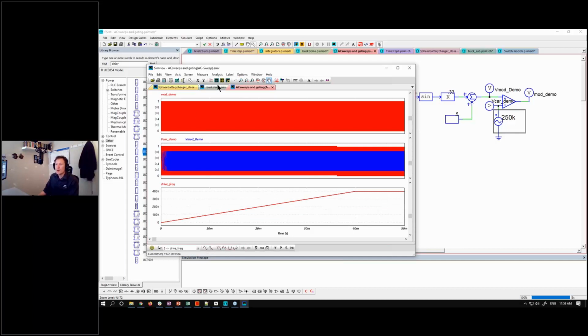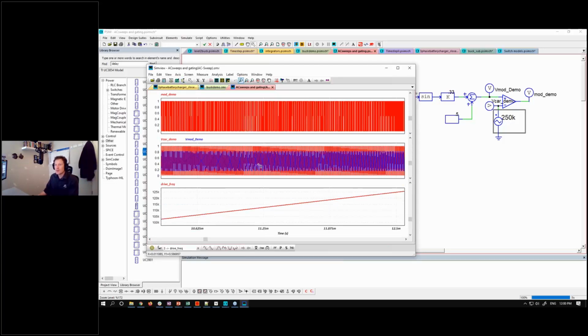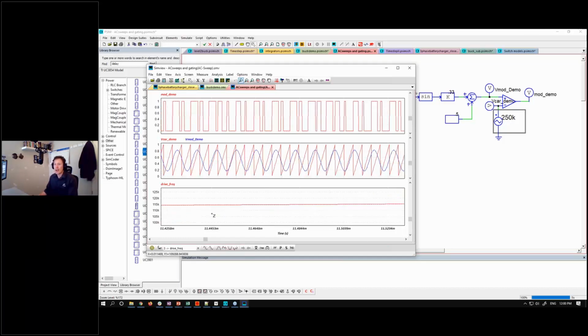As we creep forwards towards switching over 2, we've got to remember Shannon's or Nyquist criteria. Here we are at about 115 kilohertz, and we can see we're still resolving it. Obviously, the ratio between modulation and carrier is getting quite tight now, but there's still some data there. We're able to resolve that, no problem.